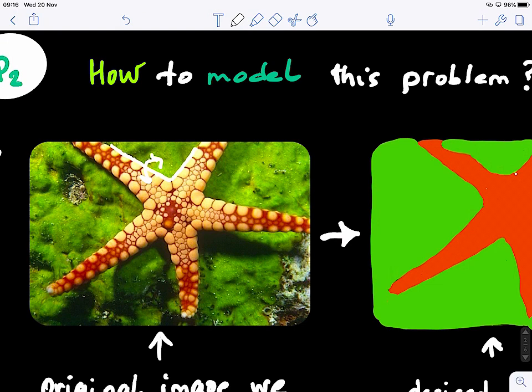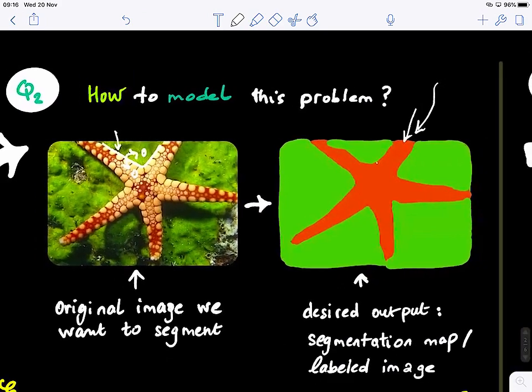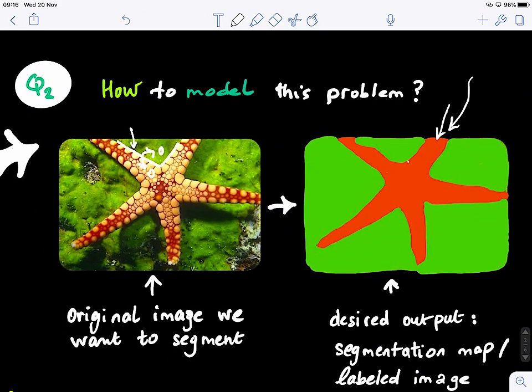You can see that these two regions are very different, okay? Once I know how to find the boundary, then I can easily find the object. So this is one way. Now, in this lecture, what we will look at is how to model this problem using graphs, okay?